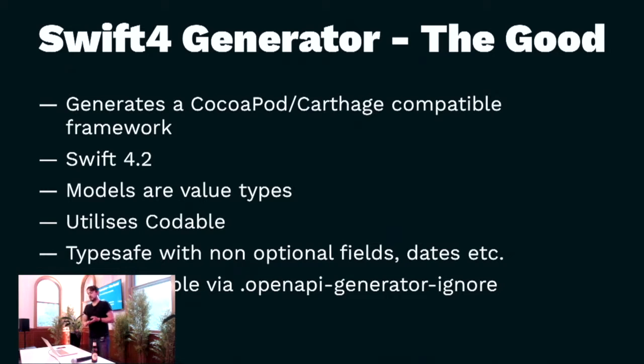It's type safe in the sense that your required fields that you specify in your API spec come as required objects, or non-optionals. It has a type for dates. So everything that the API I wrote there, it comes back as Swift types, as I expect. There's a few customizable options that you can tell it to not override certain files if you change them.